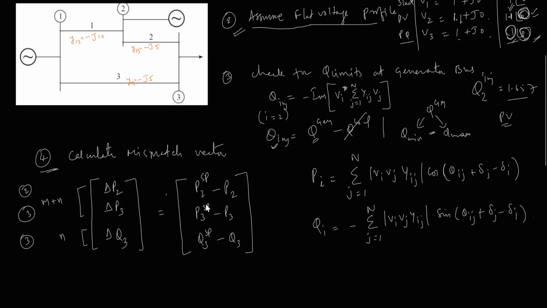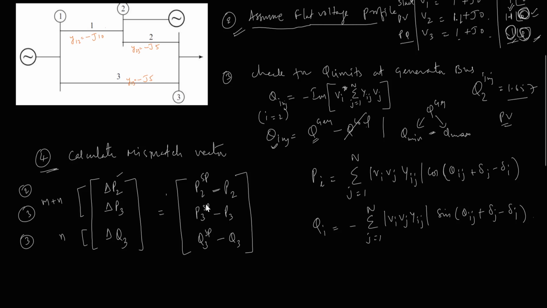Del P2 is P2 specified minus P2, del P3 is P3 specified minus P3, and del Q3 is Q3 specified minus Q3.